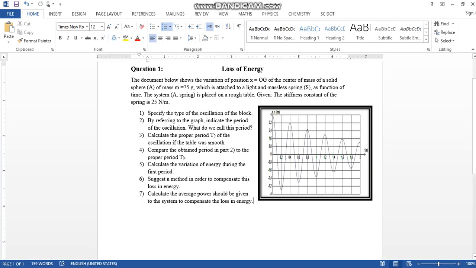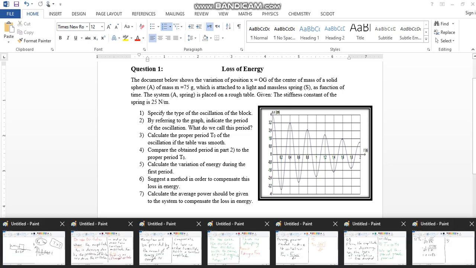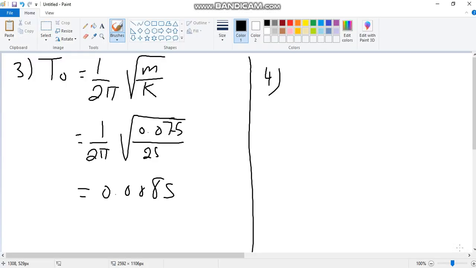Part 4: compare the period obtained in part 2, the pseudo period, to the proper period. We notice here that the pseudo period, which came out as 0.4, and the proper period, which came out as 0.008. So the pseudo period T, equal to 0.4 seconds, is greater than the proper period, which is 0.008 second.